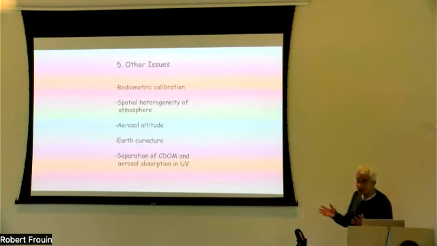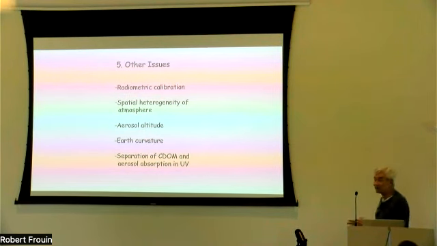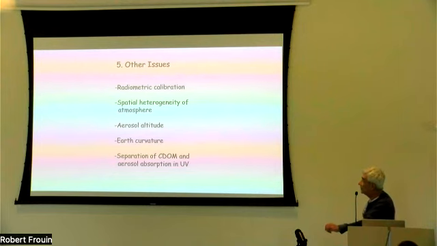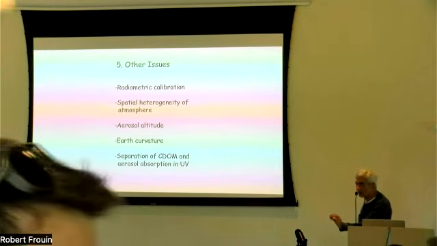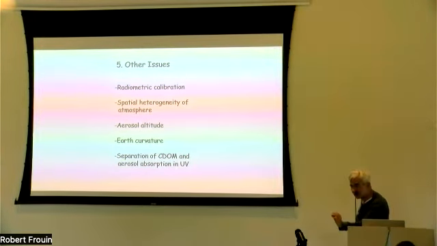Okay, these are some issues, but that's not the end of the problem. There are other issues. I don't have time to talk a long time about this, but the other issue is radiometric calibration. Of course, I think people talked about this before. You measure a signal at the top of the atmosphere that you can calibrate absolutely to a couple of percent, but a couple of percent at the top of the atmosphere means about 20% at the bottom of the atmosphere.